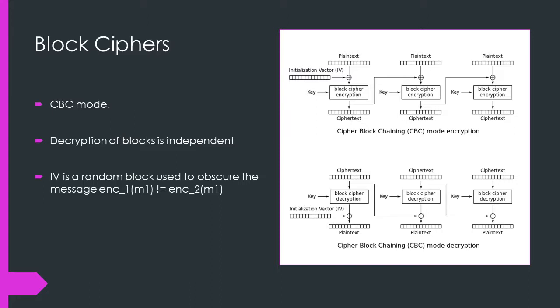In the diagram here, we can see how CBC mode works. It starts by taking in an initialization vector, or IV. The IV is a random block, which is used to obscure the message. This makes it so that if we want to encode the same message twice, that information is not leaked to any people listening in on the conversation. It then takes a message and a key and sends all of that through a chain of block ciphers.